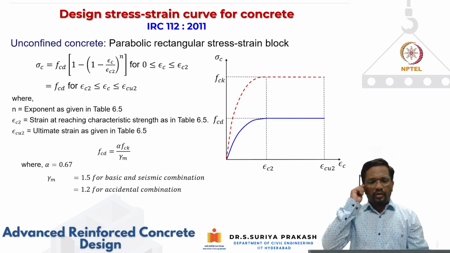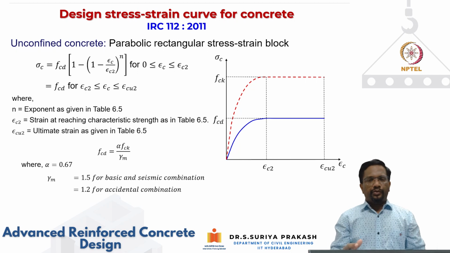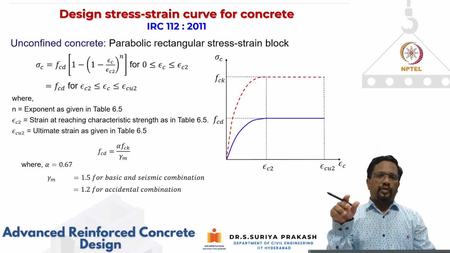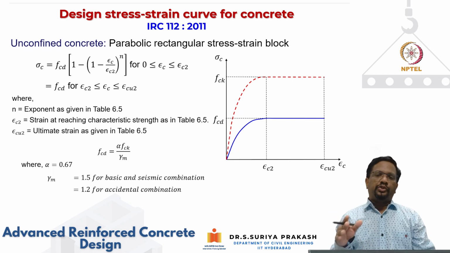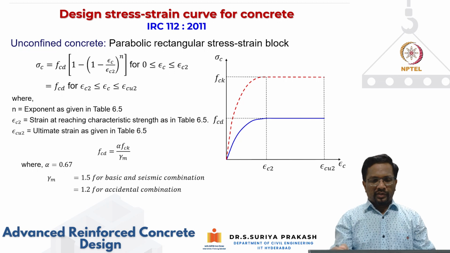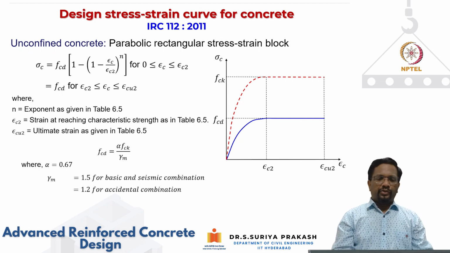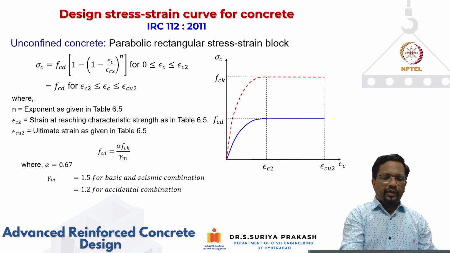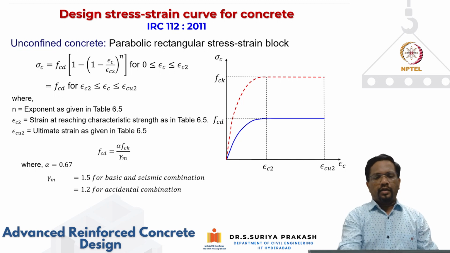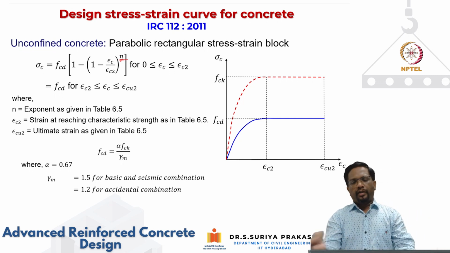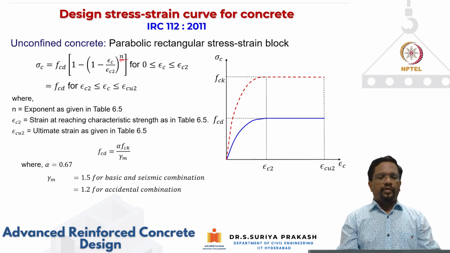Right. So if you go back, we have used this Hognestad formula. Instead of cylinder compressive strength F prime C, we use 0.447 FCK as per the IS 456. Here IRC 112 also uses a nonlinear equation, the n value, which is the exponent, to define the shape of this parabolic curve.